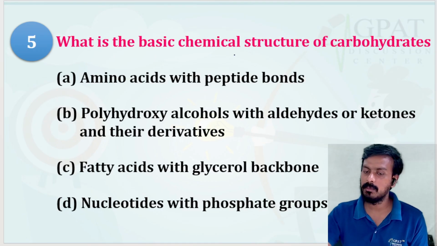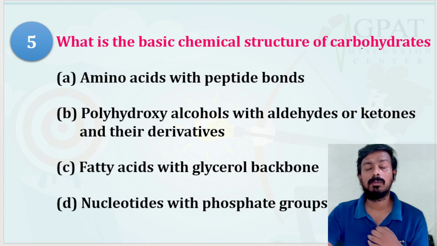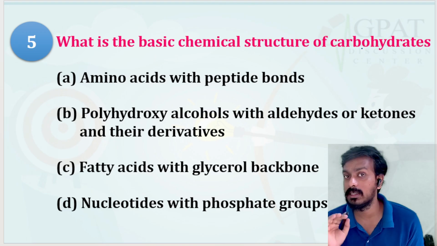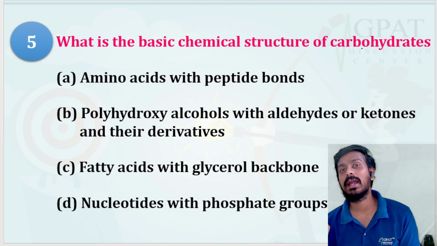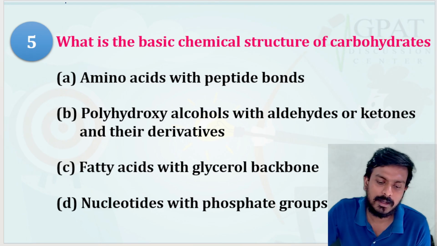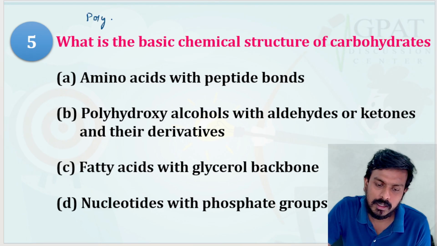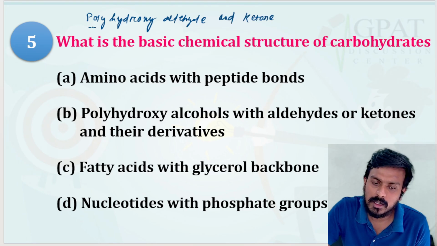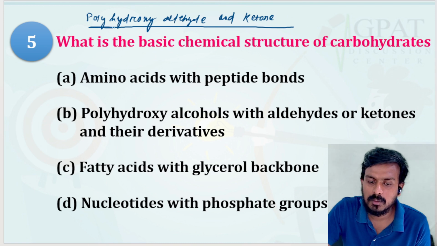Next question. What is the basic chemical structure of carbohydrate? When I talked to you initially regarding carbohydrate, I told you that carbohydrates are basically made up of polyhydroxyaldehyde and ketone. What does it mean?